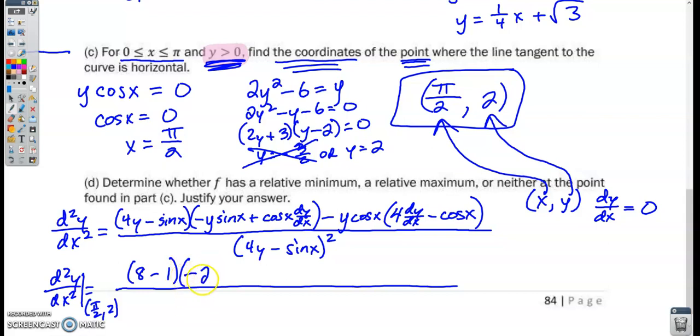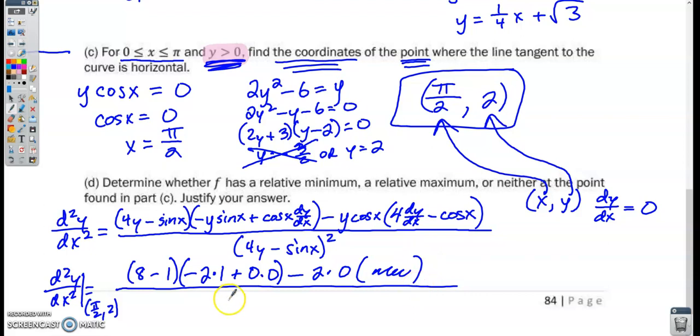minus y times the sine of pi over 2, which is again 1, plus the cosine of pi over 2, which is 0, times dy dx, which is 0, minus y times the cosine of x, which is 0. So this doesn't even matter because that's just going to be 0.